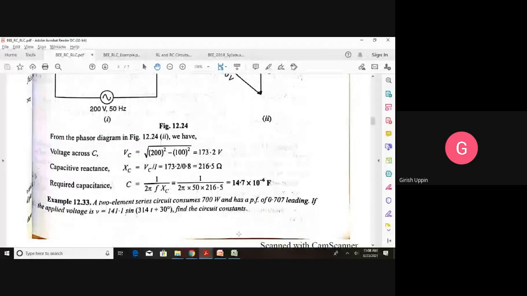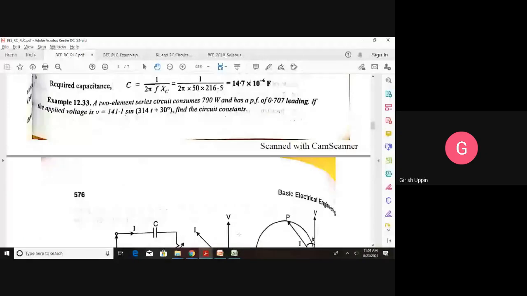Two elements in the circuit consume 700 watt and have a power factor of 0.707. So here what it says is the power consumption is 700 watt and the power factor is 0.707 leading. The meaning of that is it is nothing but an RC circuit.